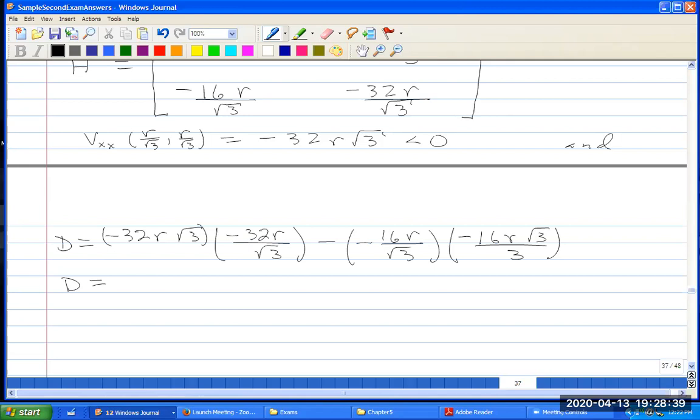The root 3's cancel, so let me just do that. And so this is 1,024 r squared. The minuses cancel, and the root 3's cancel. So you get 16 squared, 256.